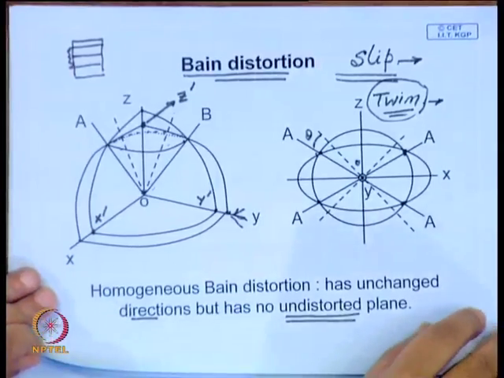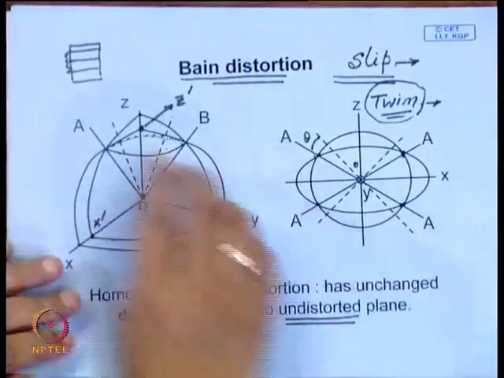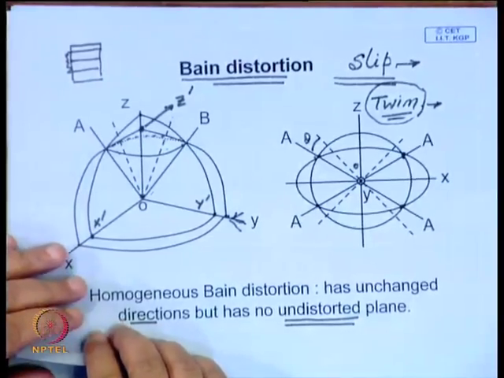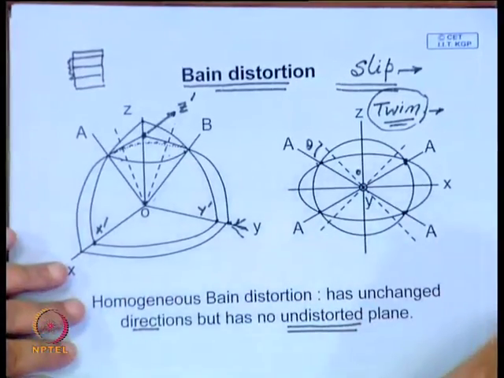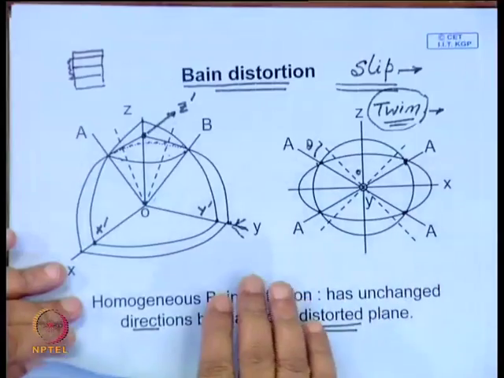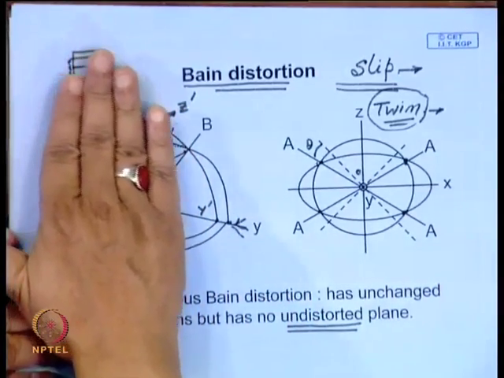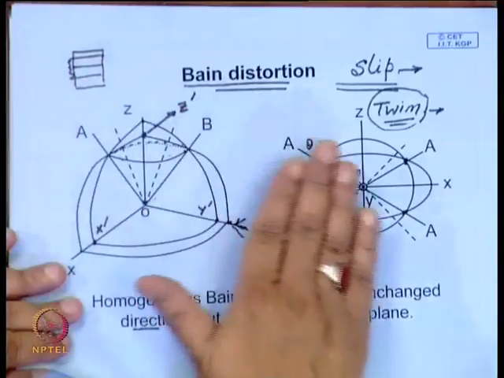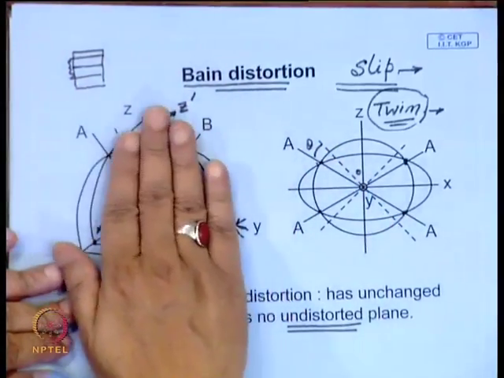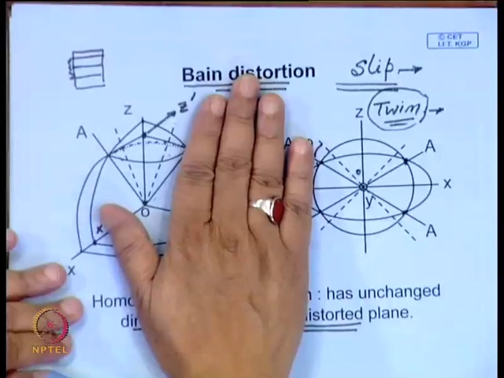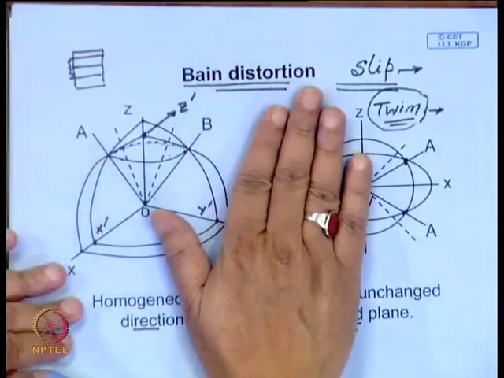Through this it is possible to accommodate Bain distortion in the crystal lattice. Actually, through slip it is possible to explain one kind of crystallographic relationship, because the slip can occur on specific planes, like slip plane in a face centered cubic is 111, in BCC the slip can occur on 110 plane.